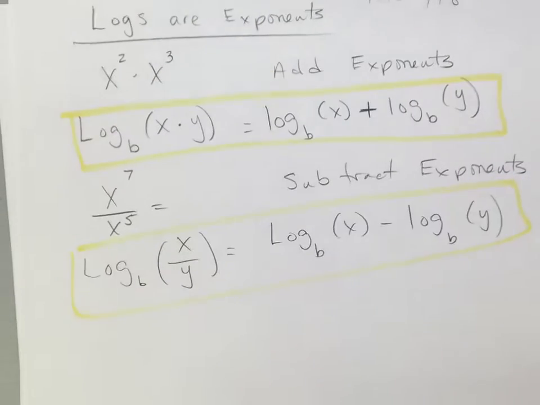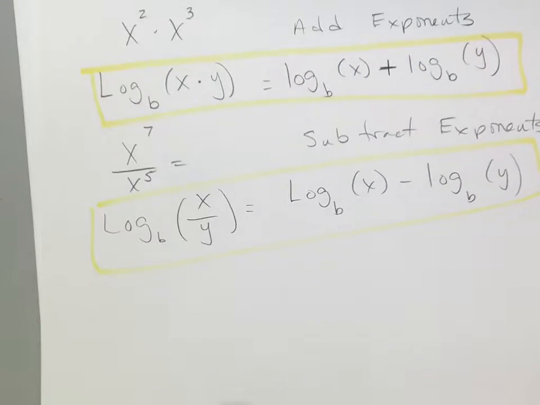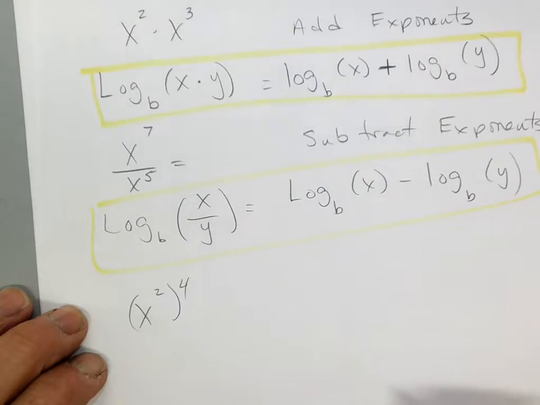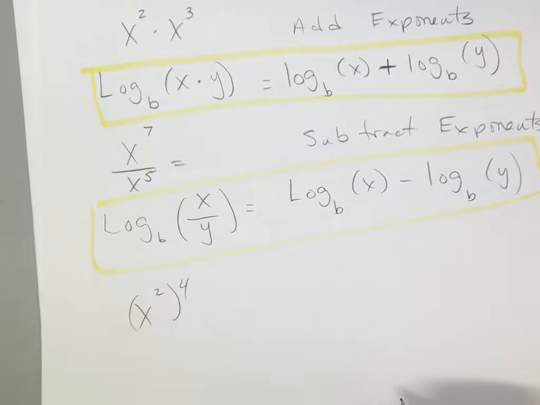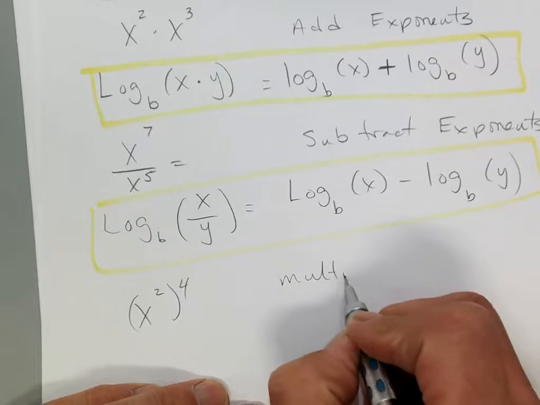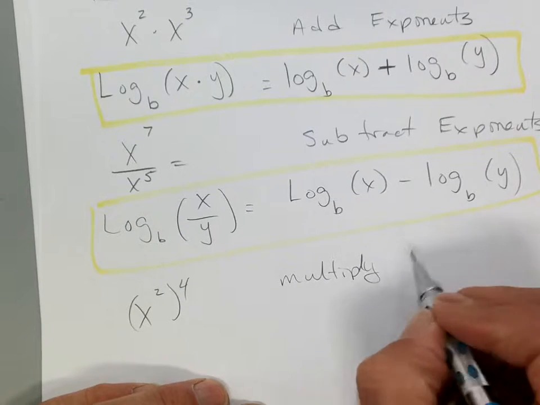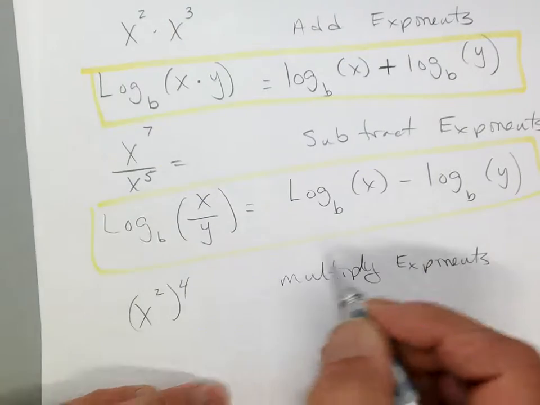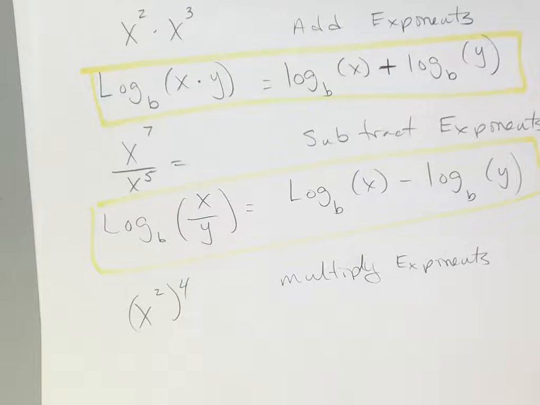Now, if I had x squared to the 4th power, we would multiply exponents, and we'd get an x to the 8th. We know that. But logarithms are exponents.